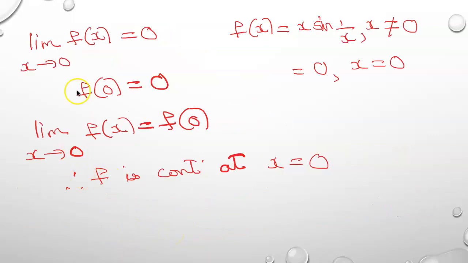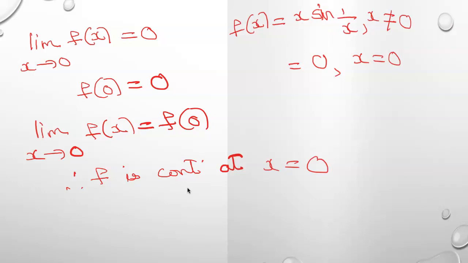So I have the limit as x tends to 0 of f(x) equal to 0. And we have f(0) is 0, because f(x) is 0 when x equal to 0. So I have the limit as x tends to 0 of f(x) equal to f(0). That means f is continuous at x equal to 0. So mark this problem because it's a slightly different problem and it follows a different approach.